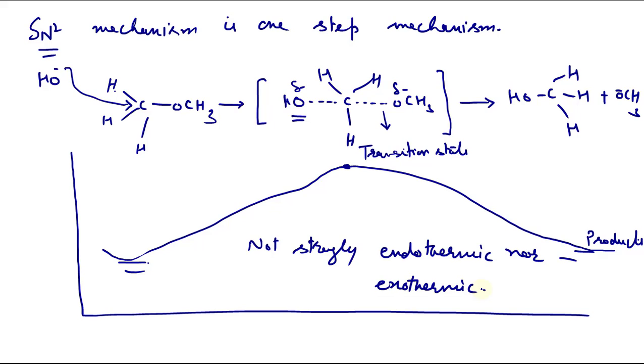The bond to the leaving group is half broken in the transition state. It is not like it first completely leaves and then the incoming nucleophile attacks. It is a concerted mechanism, so it is half broken in the transition state.